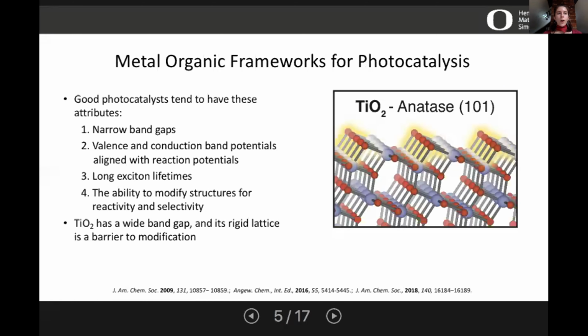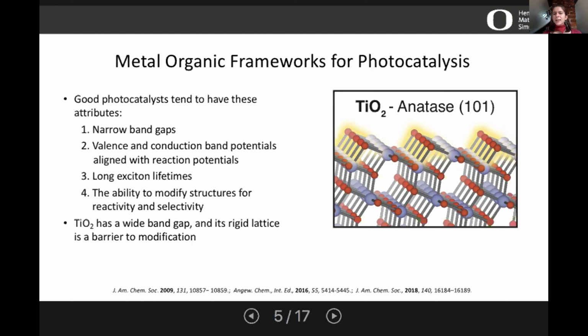So for a photocatalyst to be considered a good photocatalyst, we generally have four properties. We have narrow band gaps, we have our valence and conduction band potentials aligned with reaction potentials, we have long exciton lifetimes, and hopefully we have the ability to modify our structures to be able to select for reactivity and selectivity.